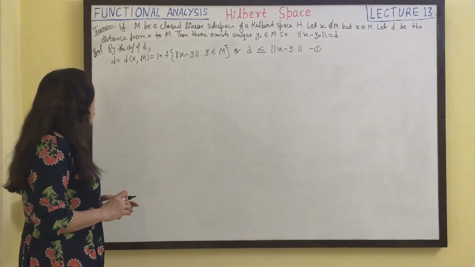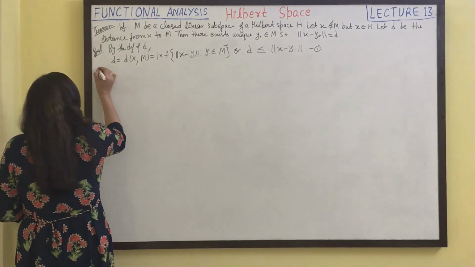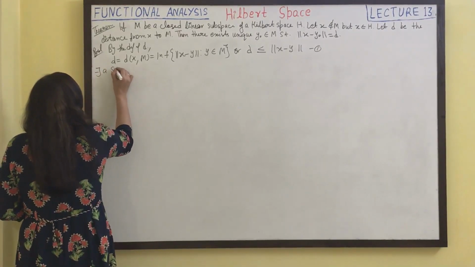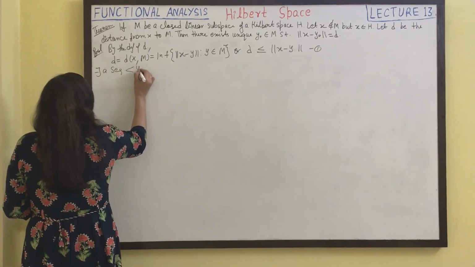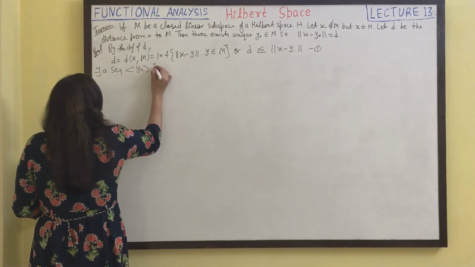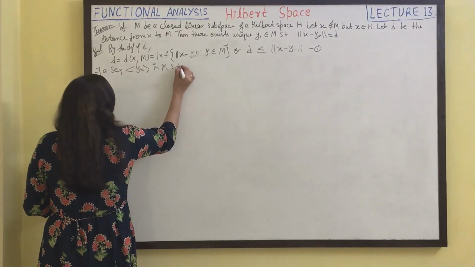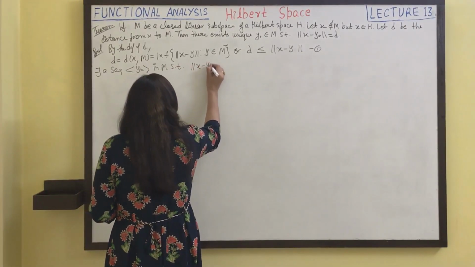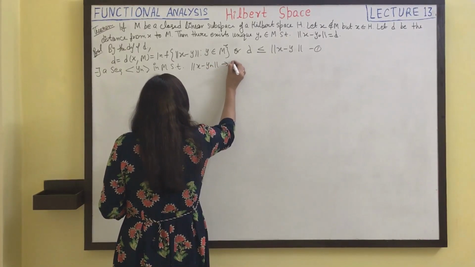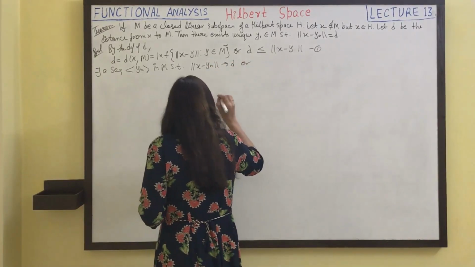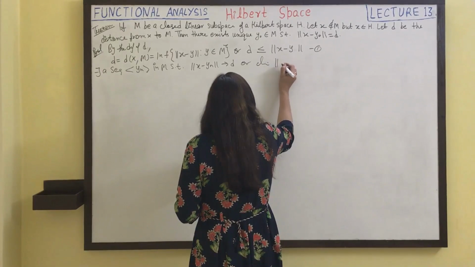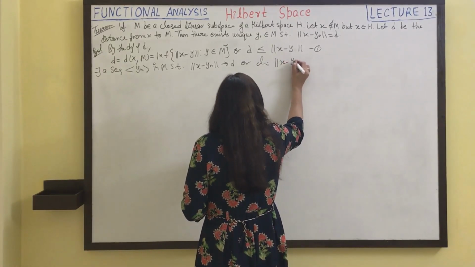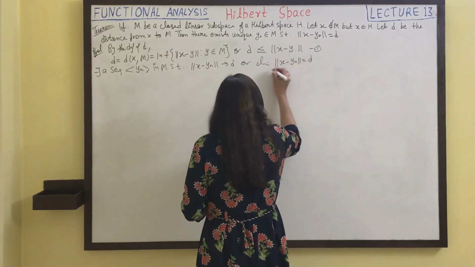Okay, now from here we can see that there exists a sequence yn in M such that norm of x minus yn tends to d, or we can say that the limit of norm of x minus yn is equal to d.